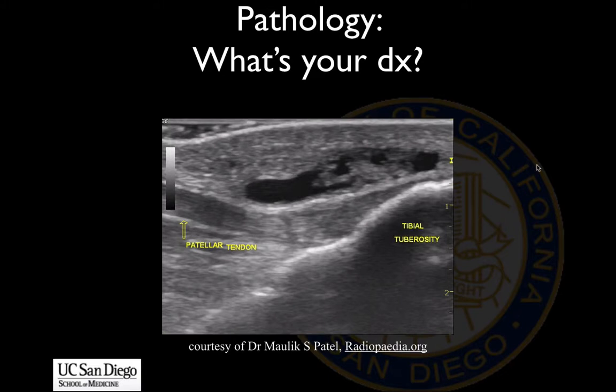So here's an example of a patient that presents to the clinic with knee pain. Here, by way of orientation, this is tibial tuberosity. Here we have patellar tendon, and we don't really see it in the field of view, but it would be inserting onto the patella right here. What's unique about this is that you have all this soft tissue swelling anterior to the patellar tendon.